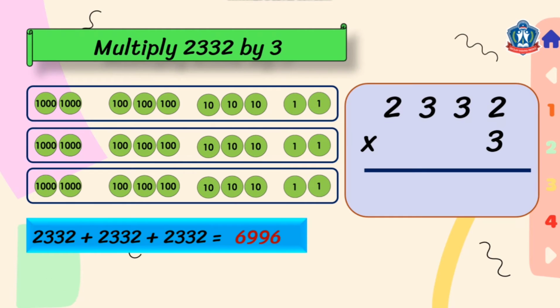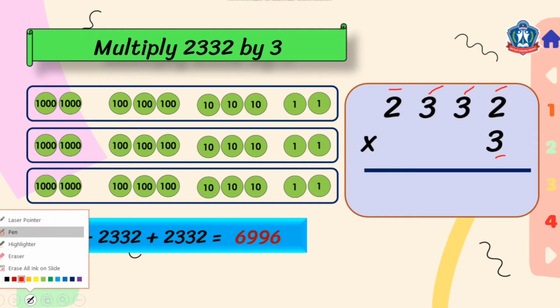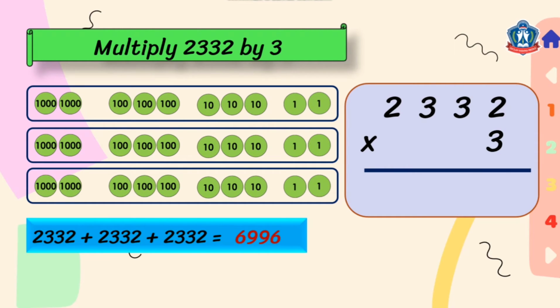this process. If we multiply this kind of number, we will multiply all the numbers by 3, and we will start from 1. So we have 2 times 3 is 6, correct? Next, we have tens. 30 times 3 is 90, but we will only write 9.